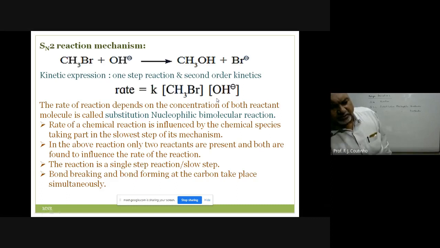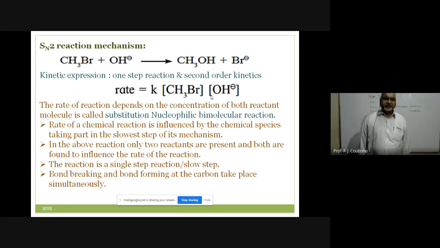Since there are two molecules responsible for the rate of the reaction, it is second order. The rate of the reaction depends on the concentration of both reactants, that is methyl bromide and OH minus. Since there are two molecules, it is called substitution nucleophilic bimolecular reaction.